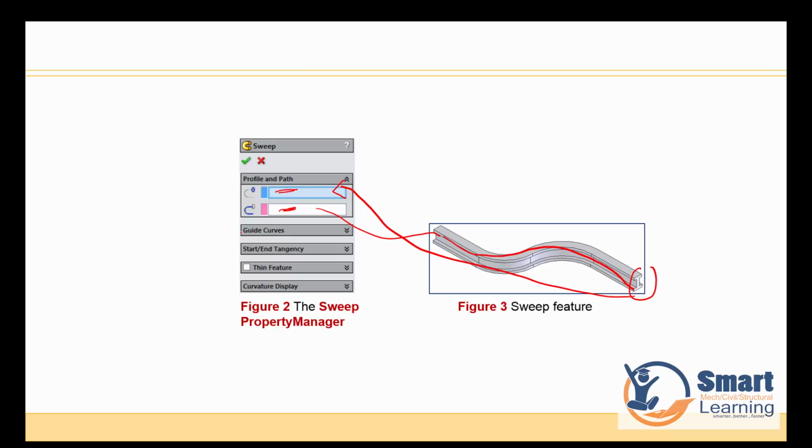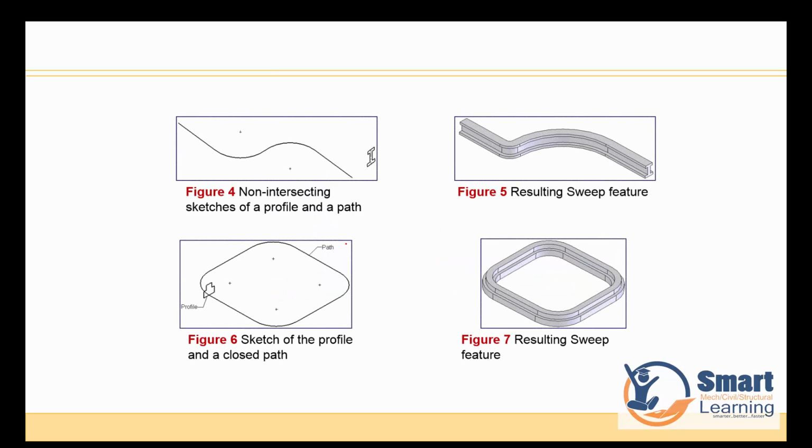And you have other options like the guide curves, the start and end tangency, thin features and curvature display, and some other advanced options. But let us start with this basic understanding of how to configure. In some cases, if the sketch and the profile are not at the same place, you can also use that as the guiding curve. Or if you have a path and profile both closed, how the output will be, we'll also look at that.